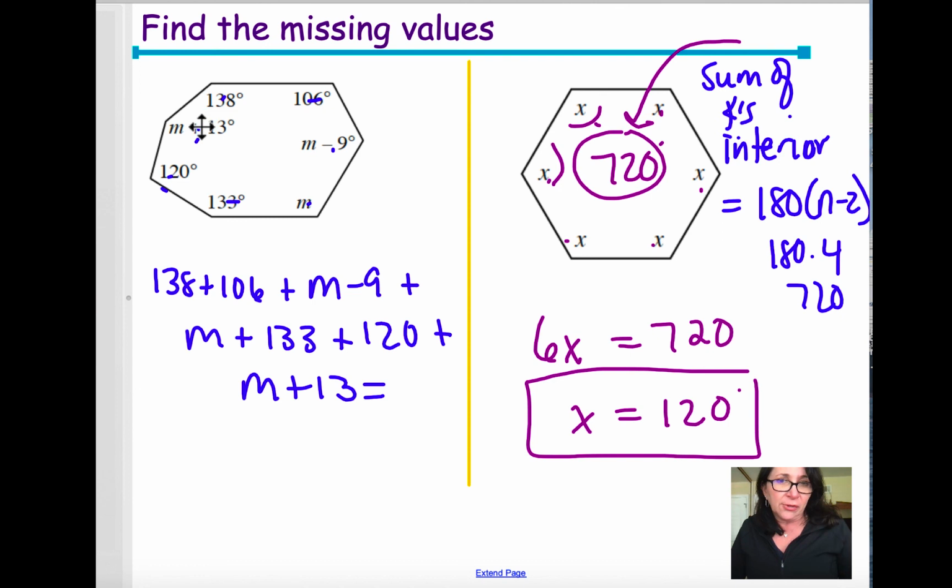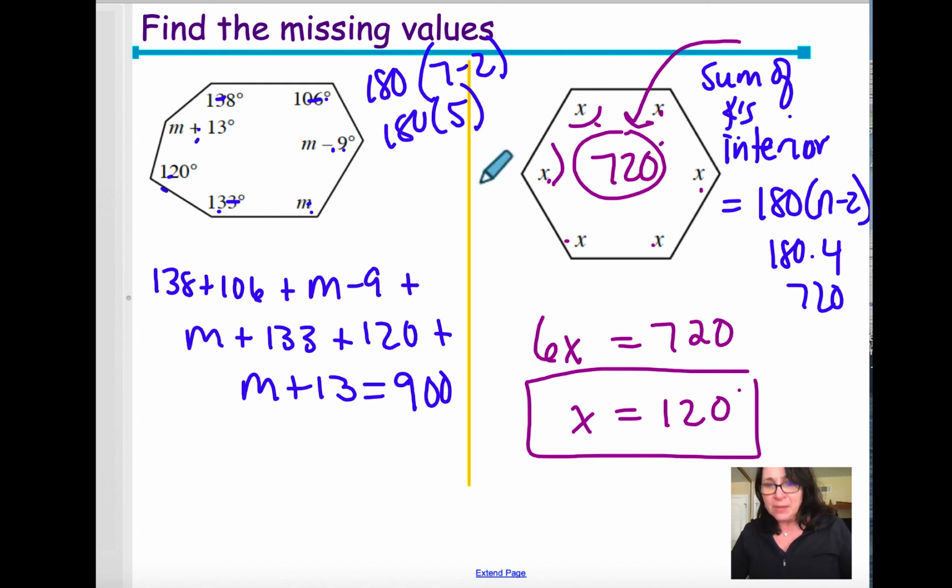Because it has 7 sides, I need to use my formula, which is 720 plus 180, basically, which is what, 900? Or I could say 180 times 7 minus 2. So 180 times 5. That should give me the same answer. 180 times 5, I get 900.